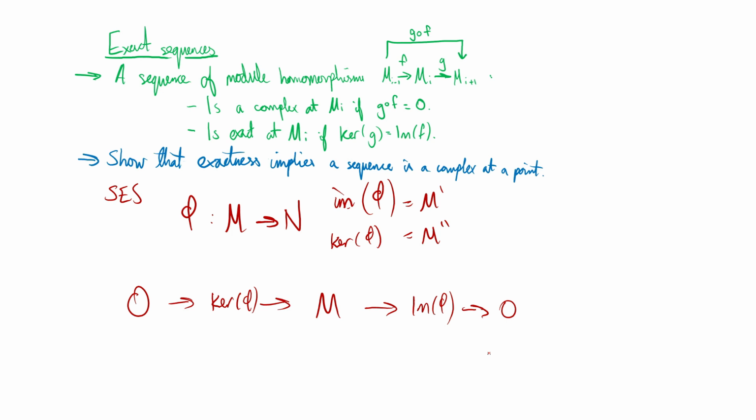But I haven't told you a very important fact, which are the isomorphism theorems. One of the isomorphism theorems is quite literally just this short exact sequence. This is a fact if you're working in an abelian category. Sorry.